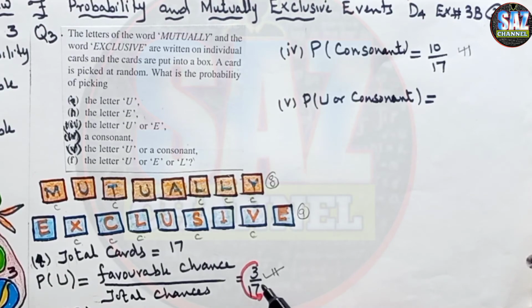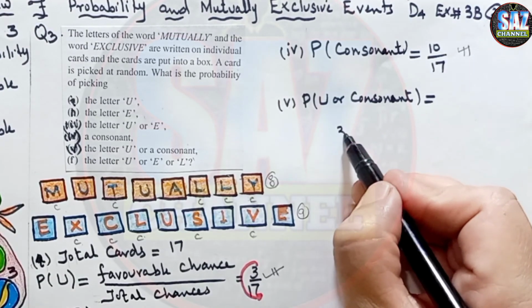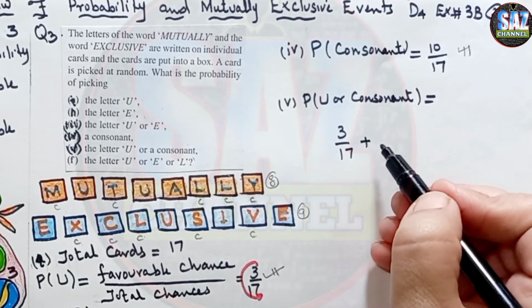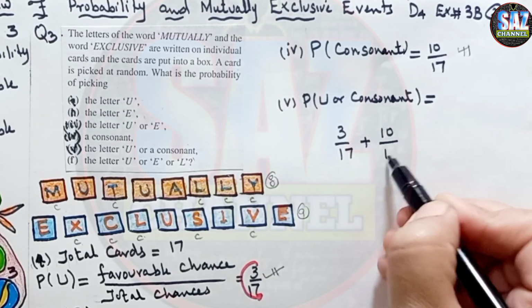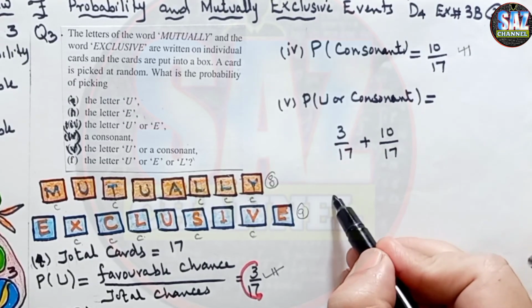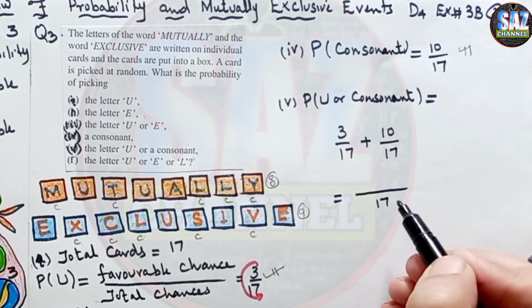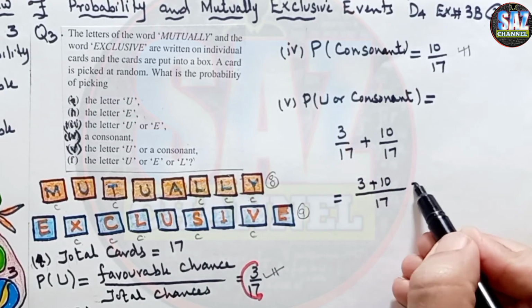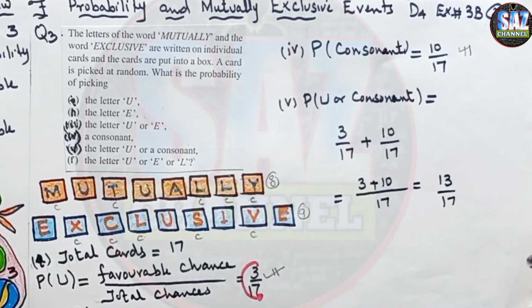So probability of U is 3 by 17 plus the consonant is 10 by 17. Now take the LCM carefully. 17 is the common denominator, the same denominator. So 3 plus 10 is equal to 13 by 17. Very easy and interesting questions.